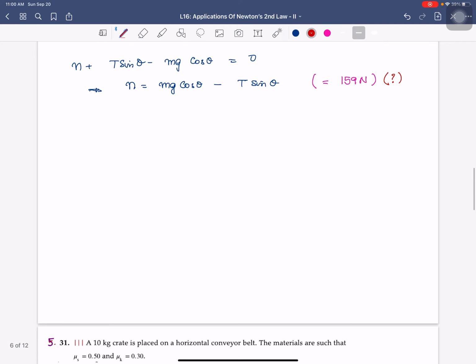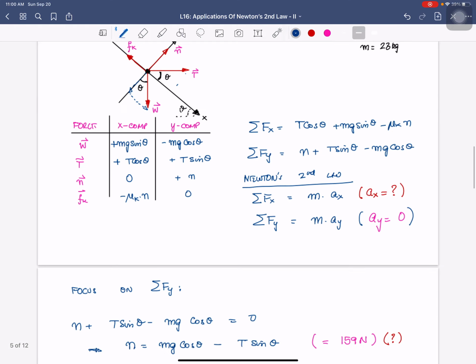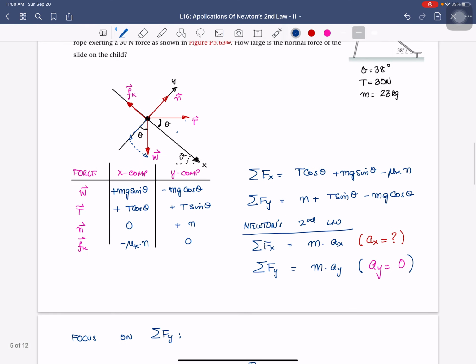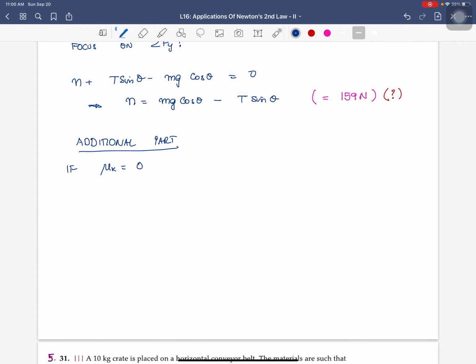But I can add an additional part to this problem. And the additional part is, say, if the coefficient of kinetic friction between the child and the slide is, say, 0.2.